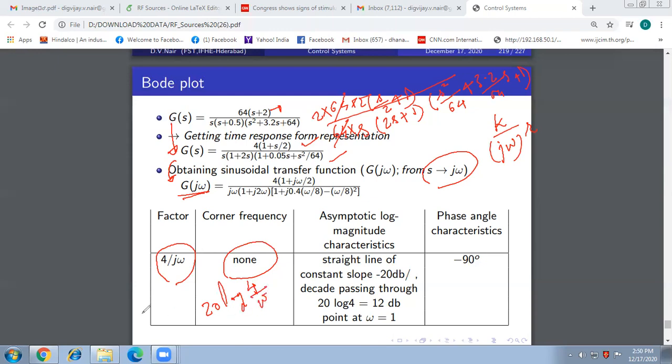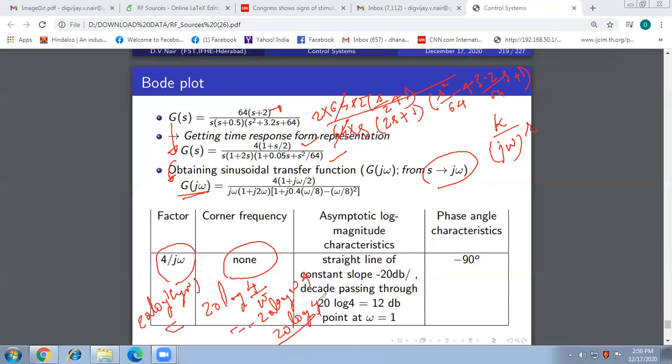That is what it will be, the magnitude plot, 20 log of mod of g j omega. Here for this term only, considering it individually, it will be 20 log of 4 by omega, the magnitude. So it will be equal to minus 20 log of omega plus 20 log of 4.